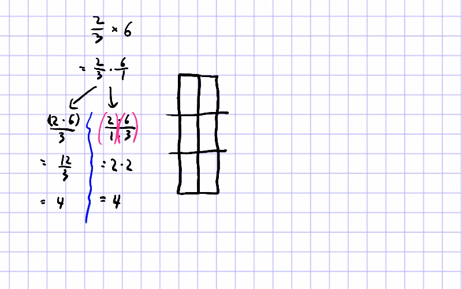So you'll see that we have 1/3 of the blocks here, 1/3 of the blocks here, and 1/3 of the blocks here, but we're twice as wide because we have 2/3 instead of 1/3. And if we look at one region, inside of that region, we will have 4 units shaded in. So that's the visual meaning of 2/3 times 6.